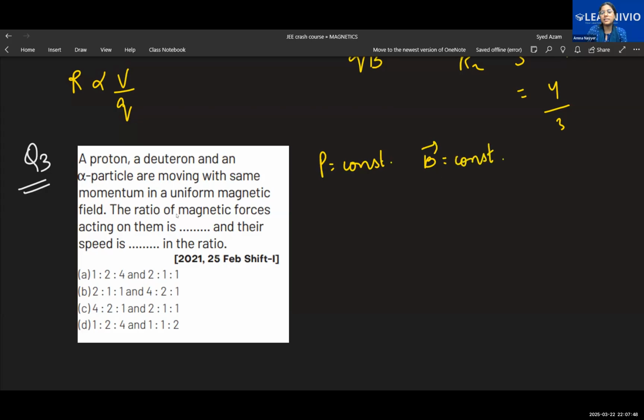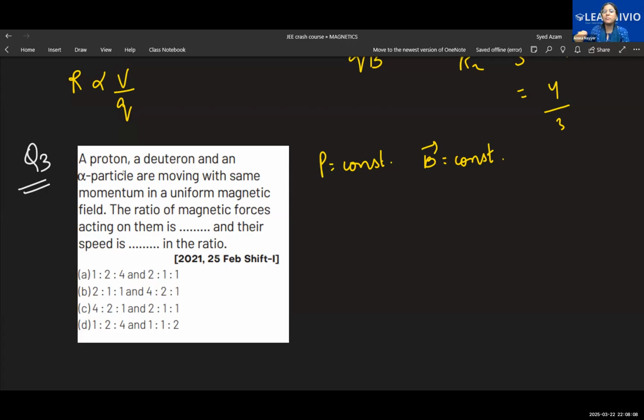The ratio of magnetic force acting on them and their speed is in the ratio. So forces ratio and the speeds ratio. See, first the charges, proton, neutron, and alpha particle.